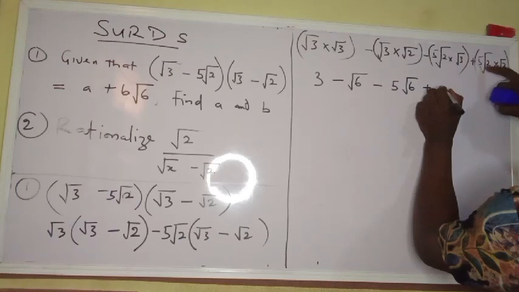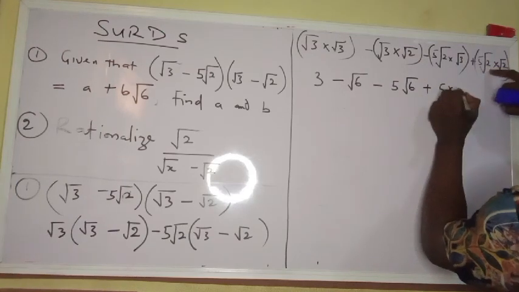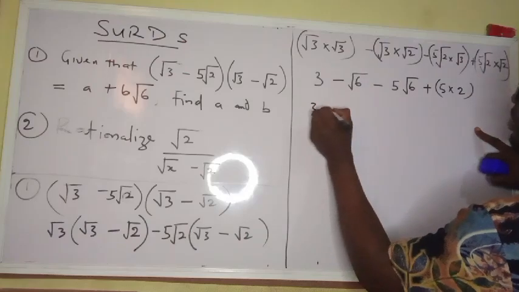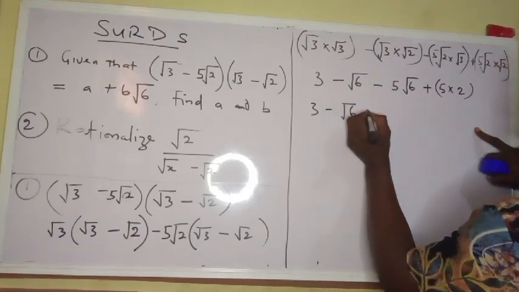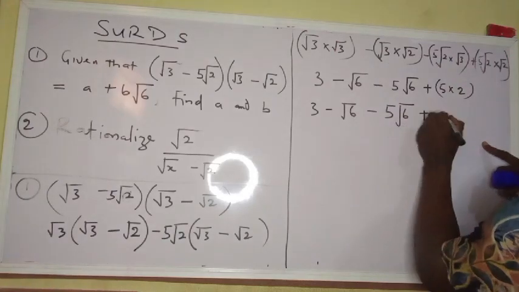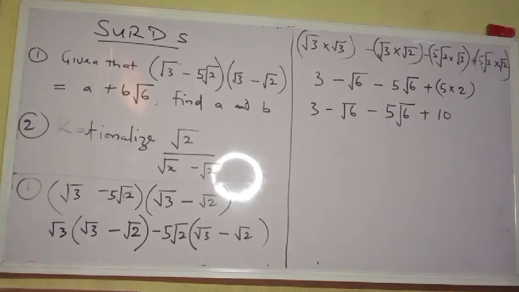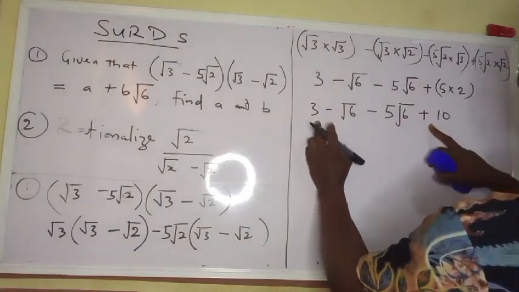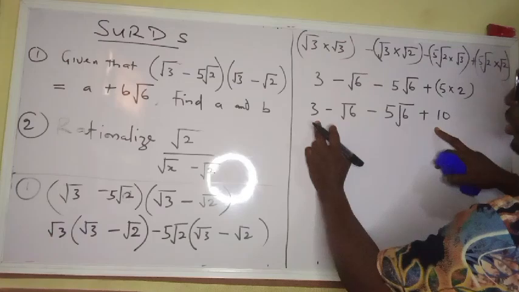Plus 5 times √2 times √2 is 2, so this becomes 3 minus √6 minus 5√6 plus 10.